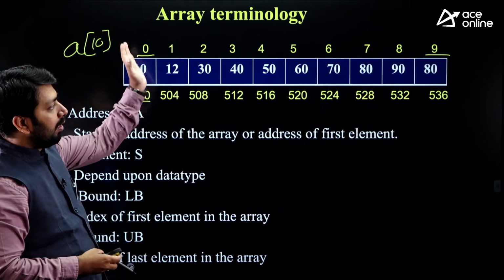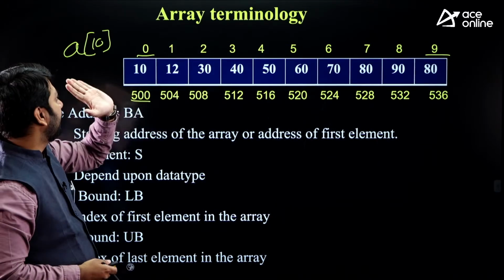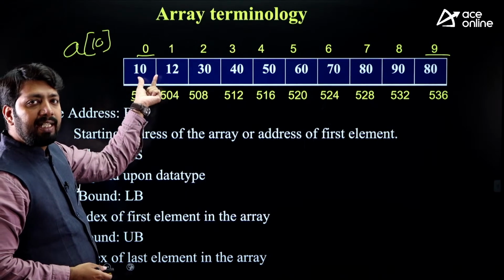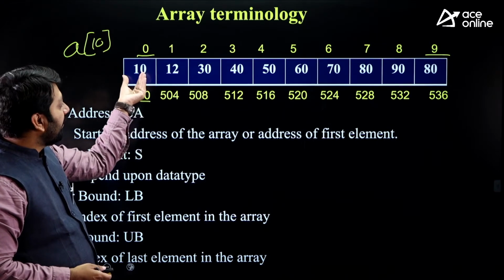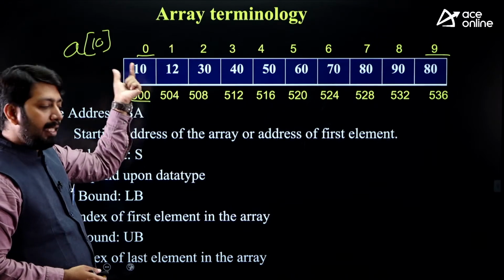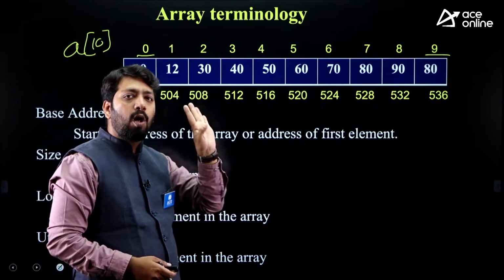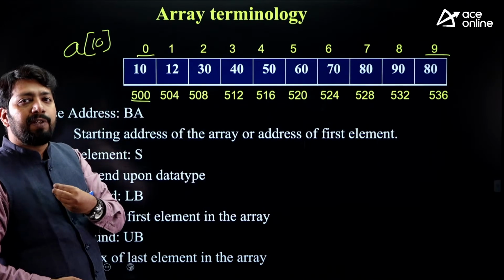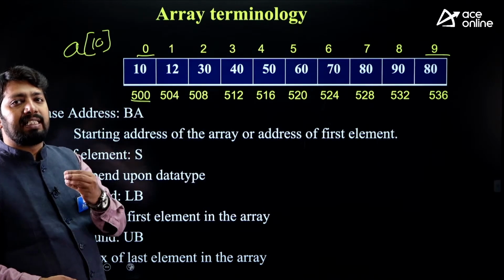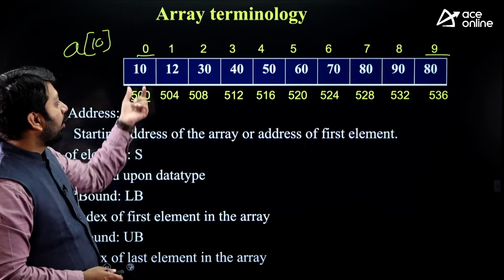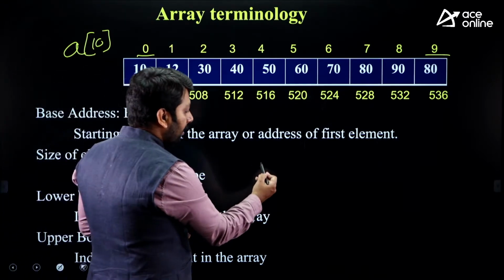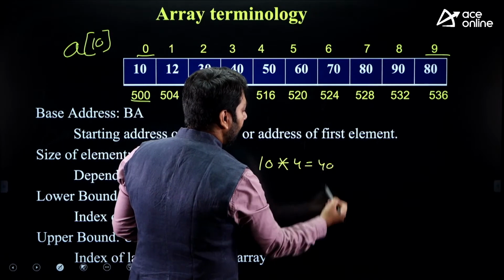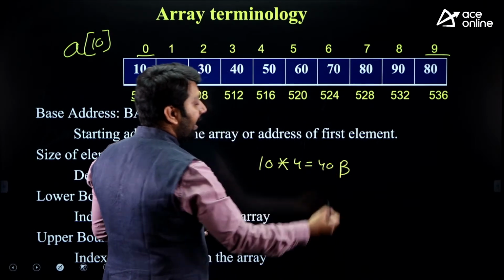Lower index is 0, upper index is 9. And what is the size of the data? Size of the data depends on the data type. If we consider it as an integer type, integer size is either 2 bytes or 4 bytes based on the compiler. If I tell you we are using a 64-bit compiler, that means integer size is 4 bytes. So my array size will be 10 multiplied by 4 equals 40 bytes. This is my array size.